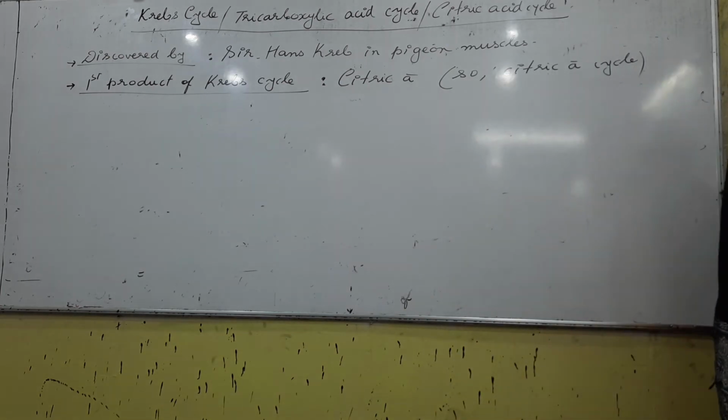It is also called a citric acid cycle because the first product that is formed is citric acid.